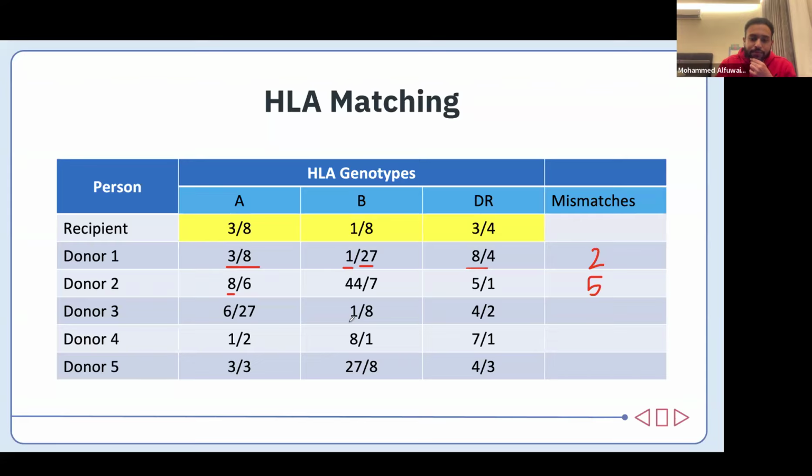Here, 0. Here, 1. How many? Good. Here, 2. 0. 2. So 4. Last one. 1.